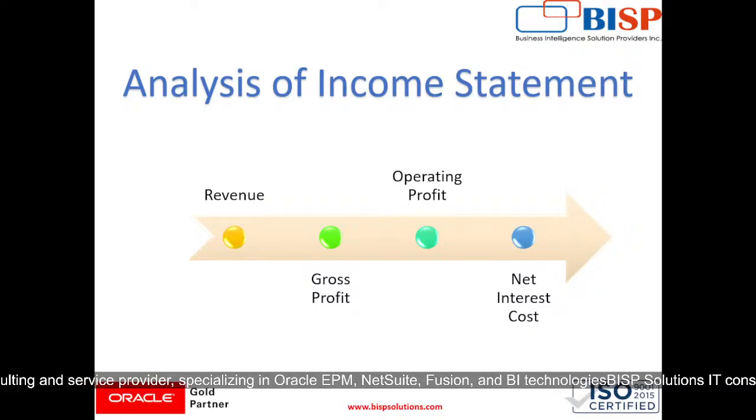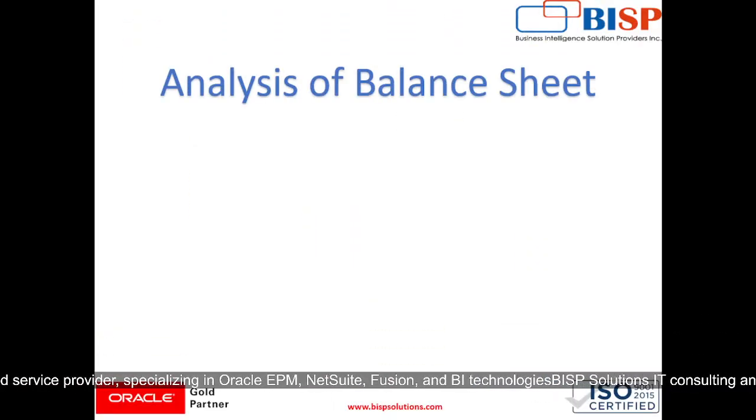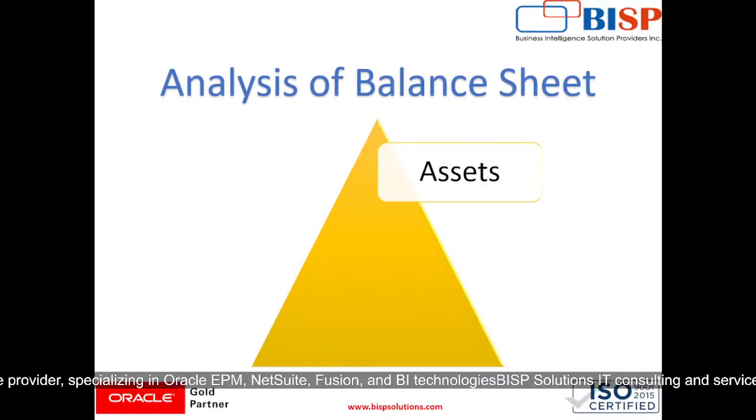Financially it is healthy. Then comes the analysis of the balance sheet. The balance sheet shows what the company owns, which is assets, what it owes, which is liabilities, and its net worth, which is equity. So assets show strong growth in total assets indicating expansion and investment, and investments in property, machinery and other fixed assets show long-term planning.